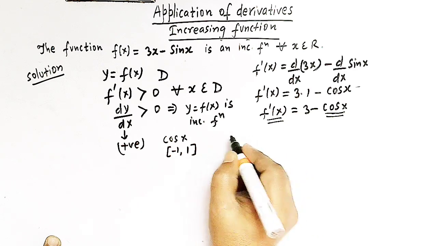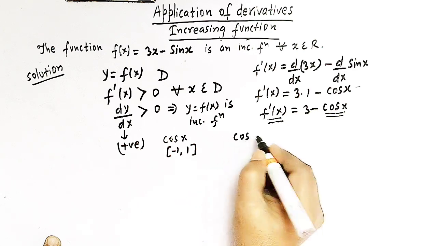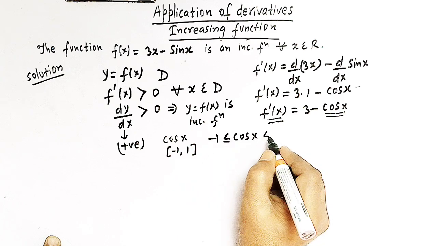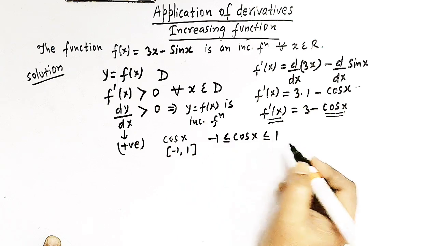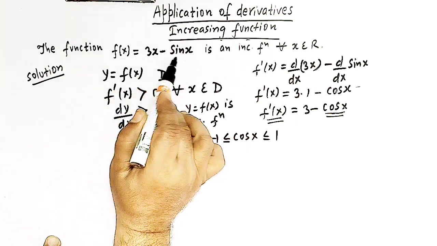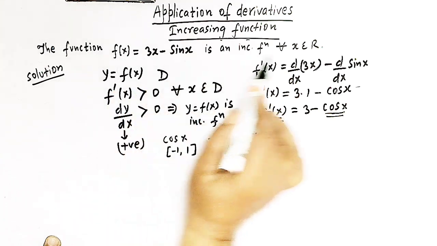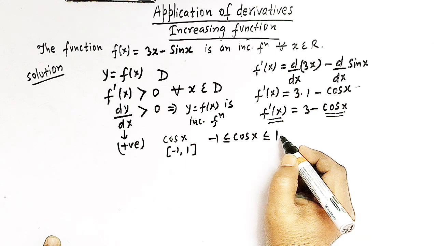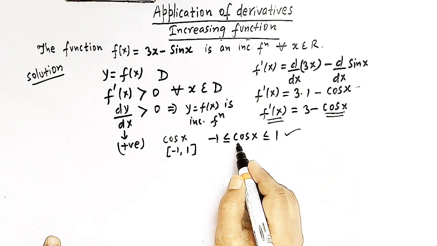So we can now here write cosine x greater than or equal to minus 1 but less than or equal to 1. And remember here the domain of this function is the set of all real numbers, right? So let us start with this inequality.